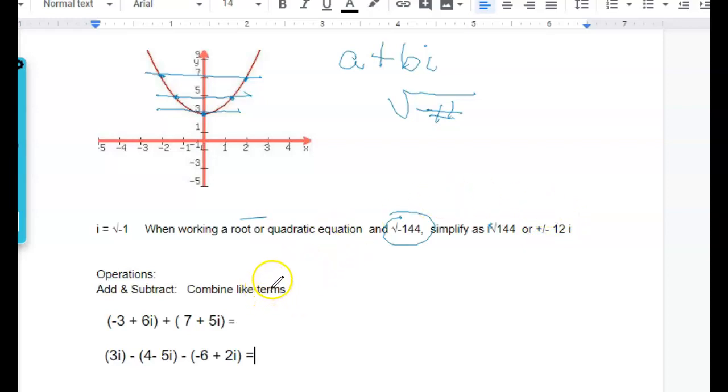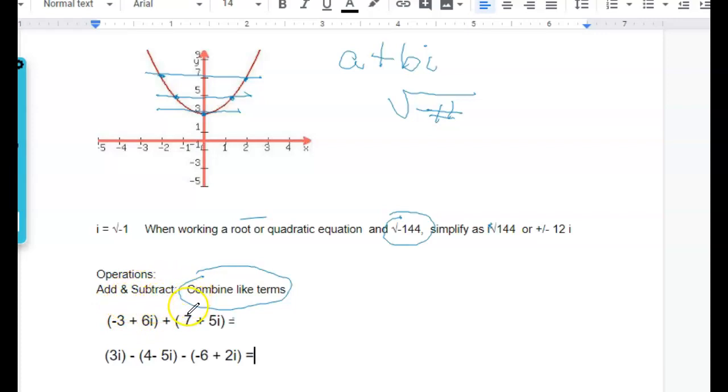As far as how do you deal with these things, hopefully you figured out in the investigation that add and subtract is really easy. All you're talking about is combining like terms. The parentheses separate the two imaginary numbers because they have to be in the form a plus bi. So this imaginary number, or complex number, has a negative 3 that's a constant and a 6 imaginary.